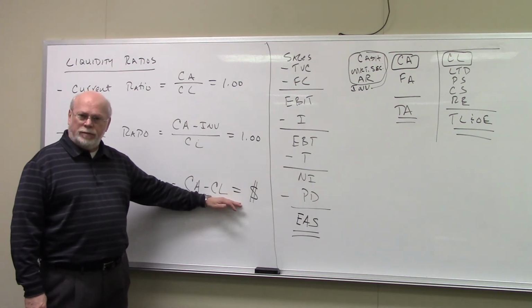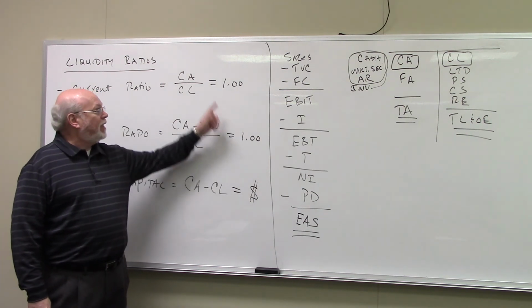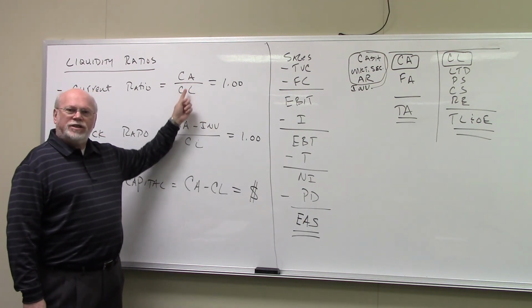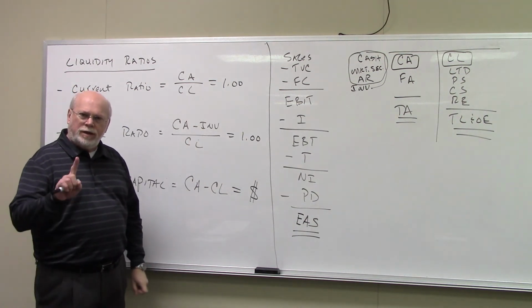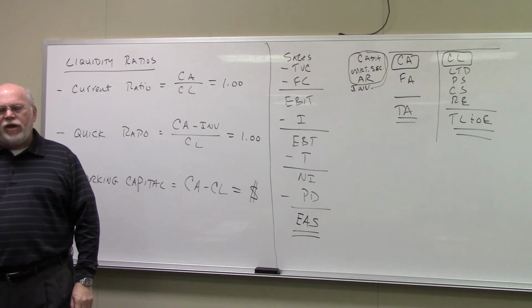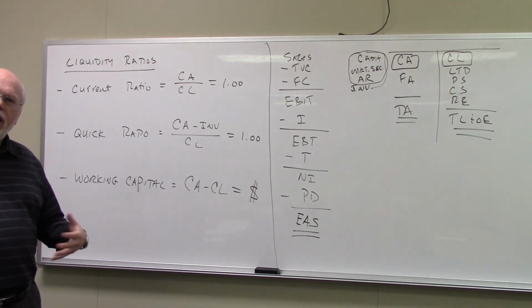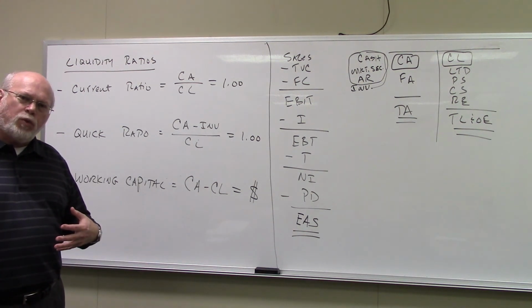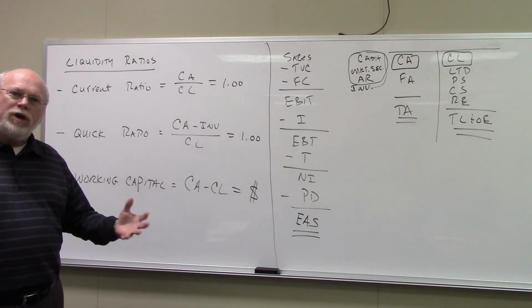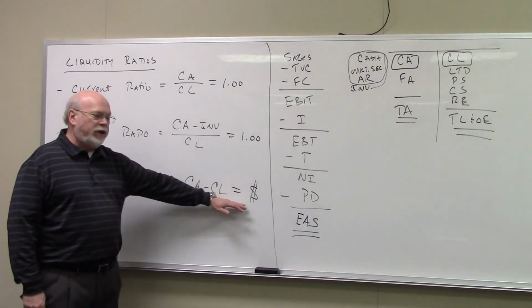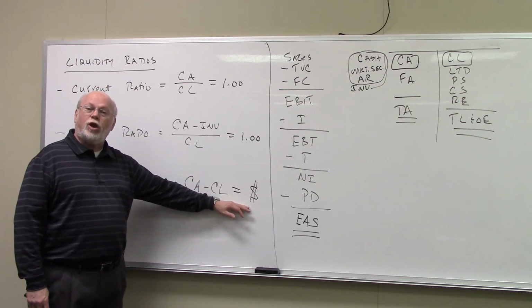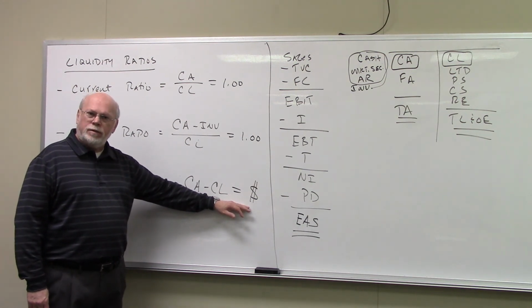It's 0. That's terrible. A 0 working capital means current assets are equal to current liabilities. That means the current ratio is what? 1. So when you look at dollar indicators as opposed to ratios, you have to remember what it is you're looking at sometimes. But all things being equal, we'd rather working capital be a large positive number.